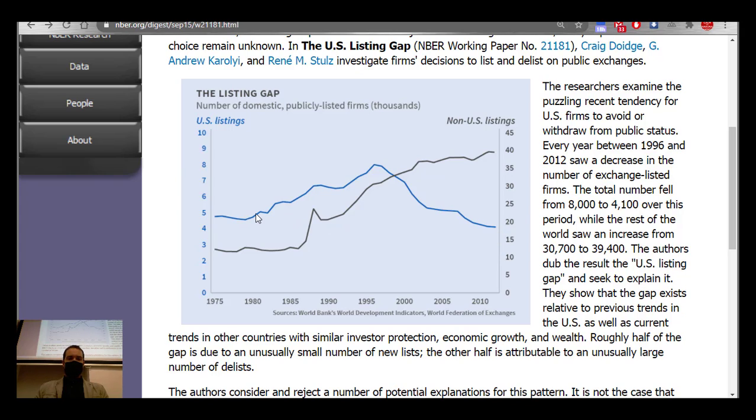It fluctuates between 5,000 and 8,000, and globally elsewhere it's 4,000 something. But still, it's a small amount of companies who are listing themselves.